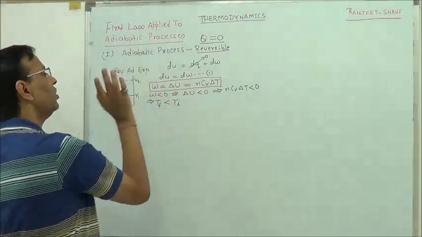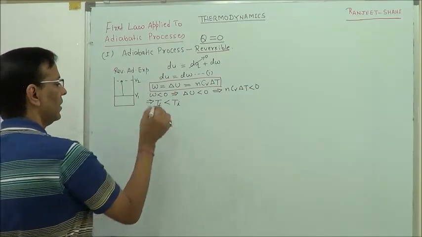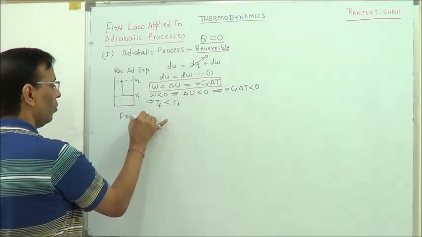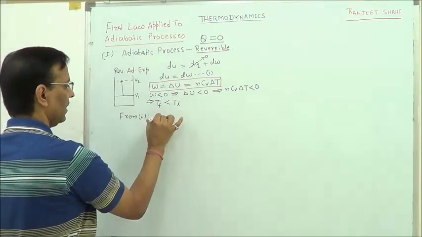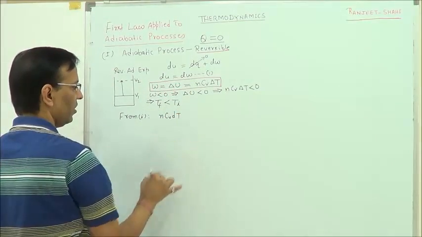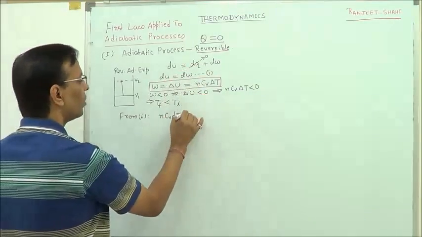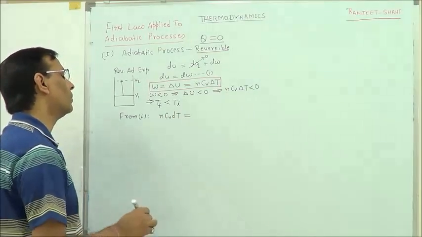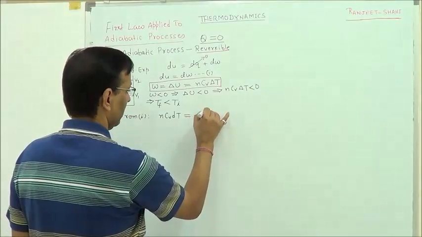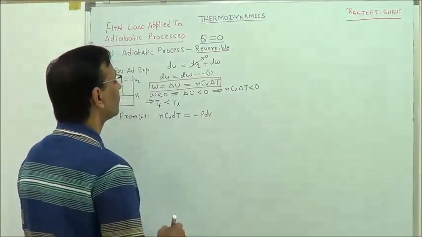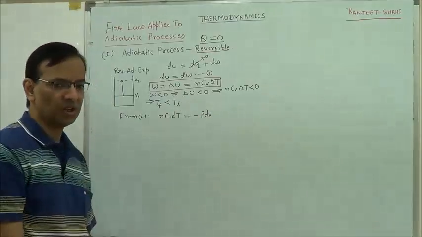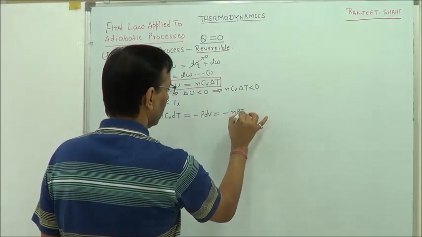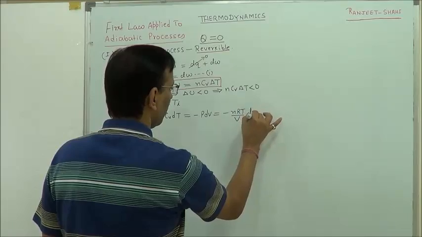We know that dU can be written as, from equation 1, this dU can be written as nCv dT, and dW we have already discussed in very first lecture is dW is minus P dV, where this P is a function of V and T, so it can be written as minus nRT by V into dV.